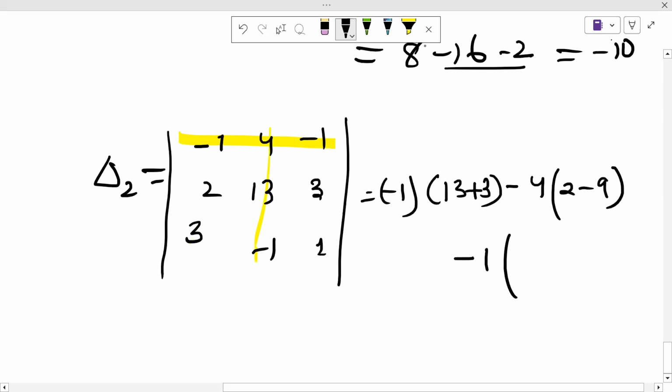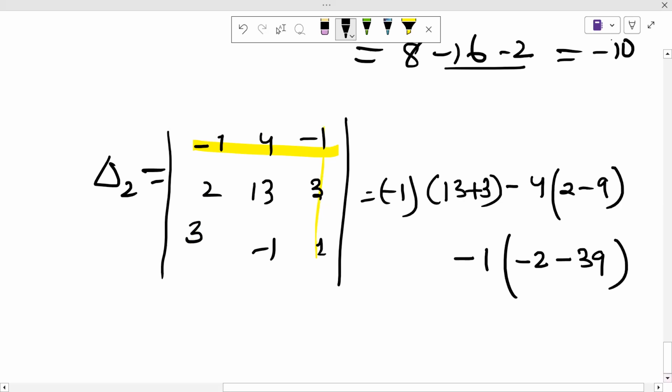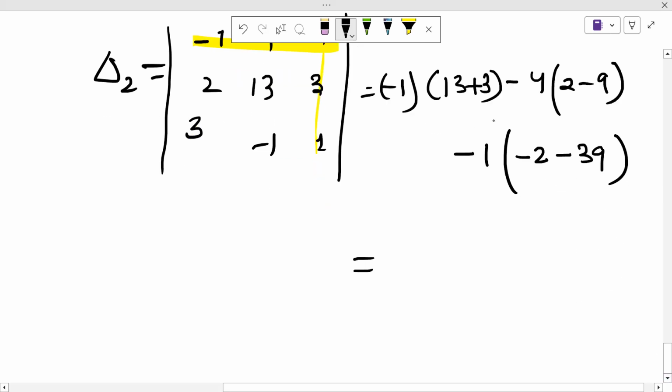Minus 1. Then what is the minus 1 value? Minus 1 means this is the column. Then what is the value? Minus 1 means this row, this column and this row is omitted. Remaining value: minus 2 minus 39. What is the value here?